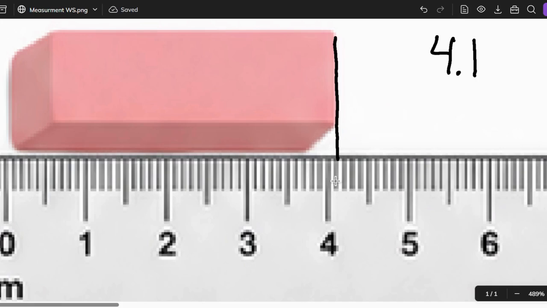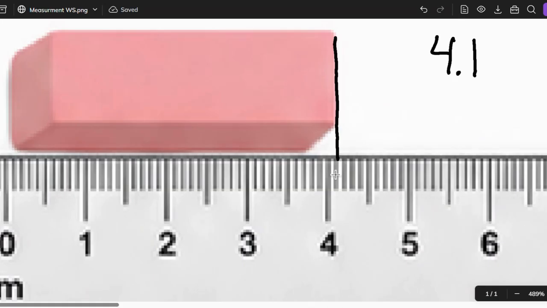Everybody that makes this measurement is going to say 4.1 something. Nobody's going to say it's 5 centimeters. Nobody's going to say it's 3 centimeters, because it's definitely between the 4 and the 5. But this last digit, 4.1 something, is going to be a little bit different for everybody because it's the estimated digit, and everybody estimates a little bit differently.